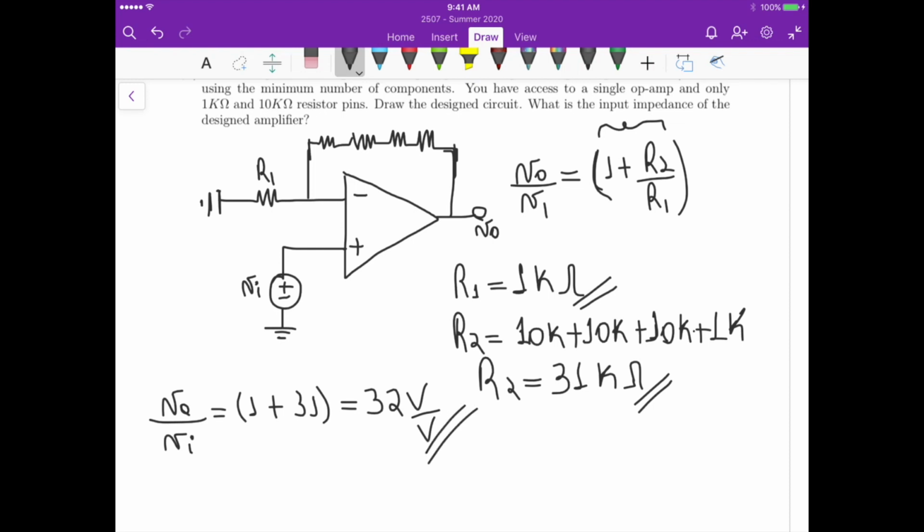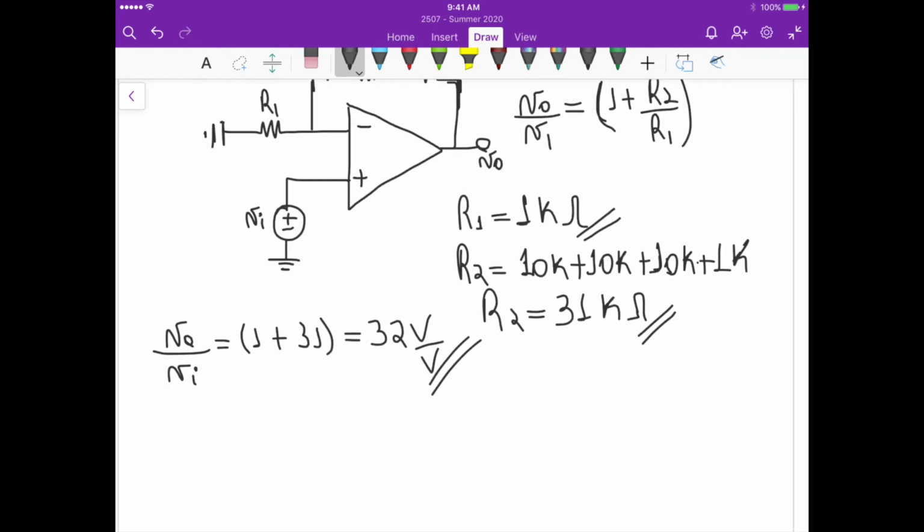And what's the input impedance of the designed amplifier? So if you remember again, for part B, the input impedance is equal to the voltage, we'll call it Vi, divided by I1. And I1 is this current here that's flowing in this direction, and this is the voltage Vi.